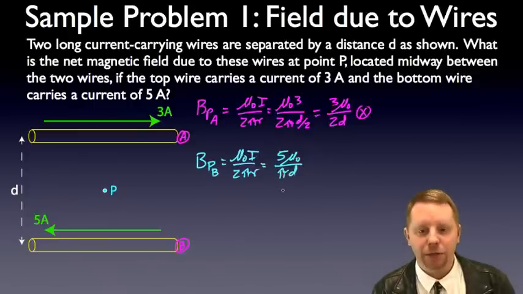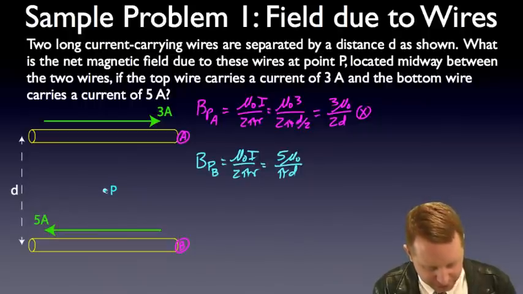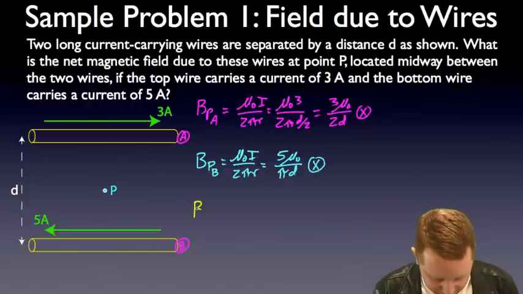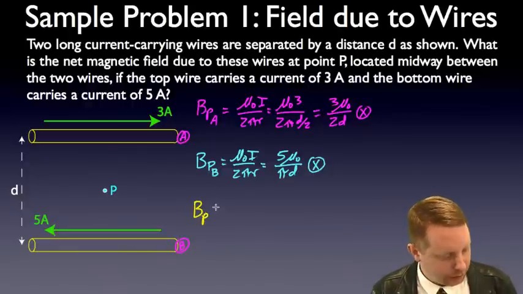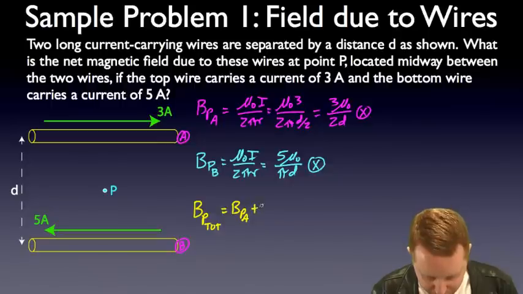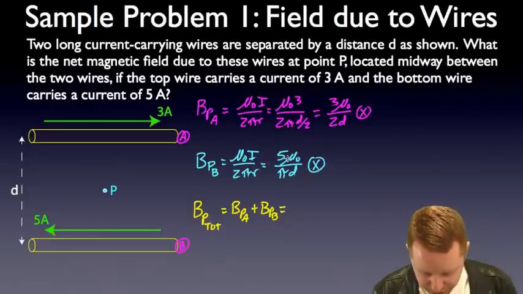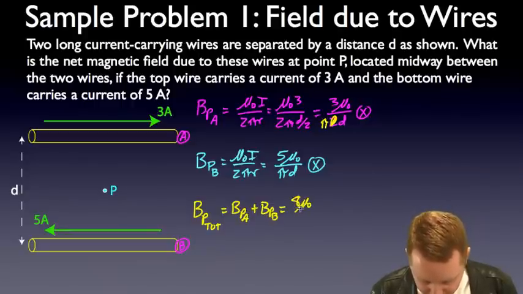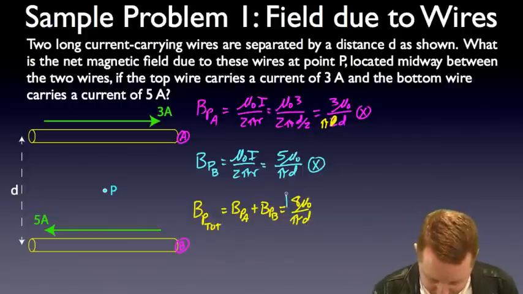And by the right-hand rule again, as I check that out, the magnetic field is going to be into the page. So the total magnetic field then, at point P, due to those two wires, is going to be the magnetic field at P due to A, plus the magnetic field at P due to B, which is 3 mu naught over 2d plus 5 mu naught over pi d, pardon me, that should be pi d, or 8 mu naught over pi times d.